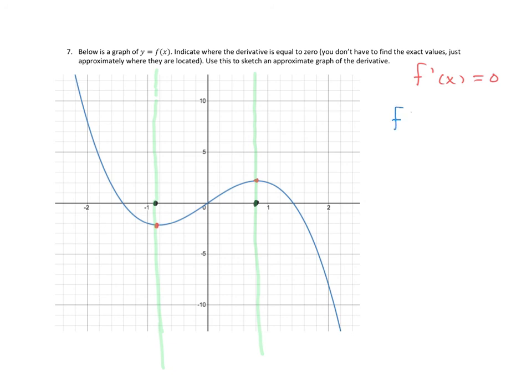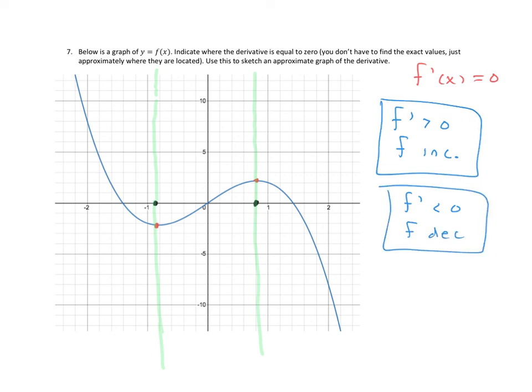The derivative is positive where the original function is increasing, and the derivative is negative wherever the original function is decreasing. The justification is that if your graph is moving downward, like over here, it has a tangent line that moves downward, and any line that moves down has a negative slope.